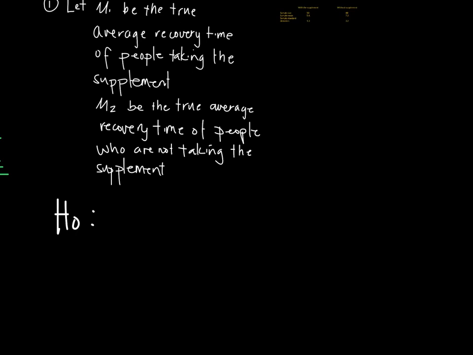So by default, because the null hypothesis is the hypothesis with the equality, we should have the average times to be the same. Meaning to say, whether you take the supplement or not, the recovery time will be the same. And remember, what we were trying to know here is whether taking the supplement will reduce the average time.